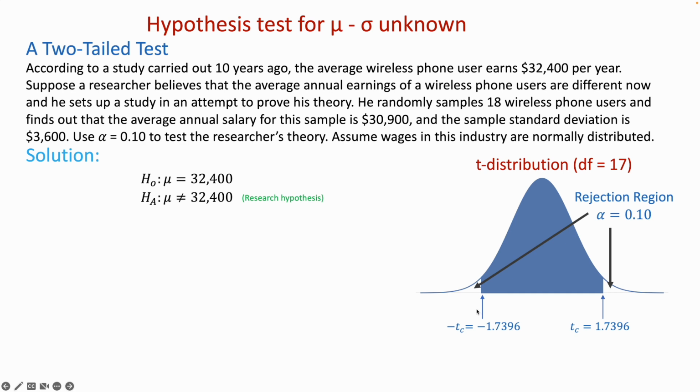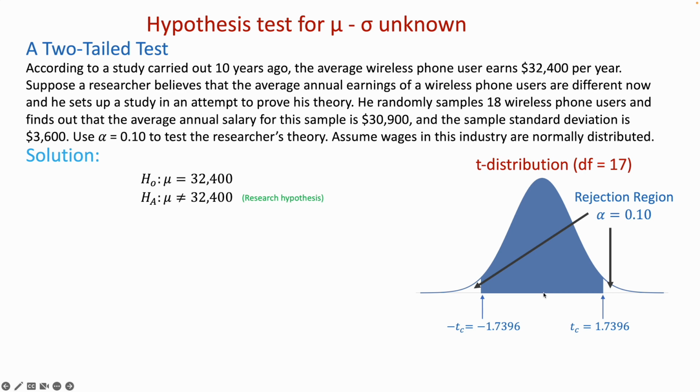Obviously, if the number is too small, it will be different from the number that I suppose true. The number I suppose is true is the one in the null hypothesis. I'm supposing that the mean is 32,400. If I compute the t-test for this number, the answer will be 0, and the 0 is in the middle.